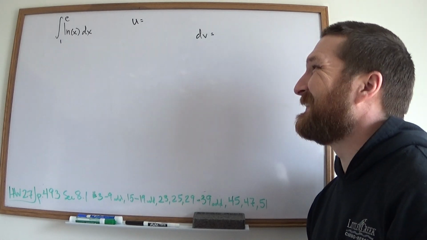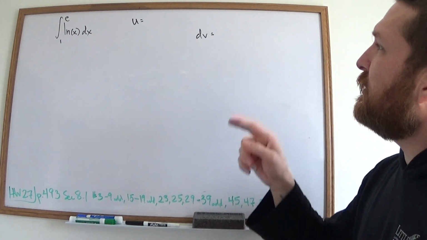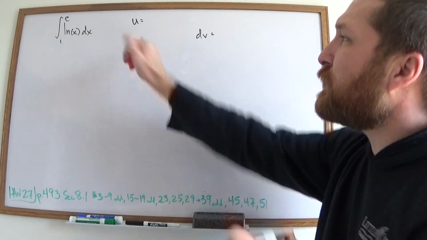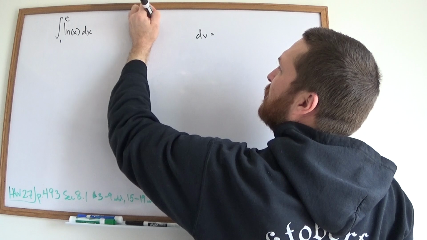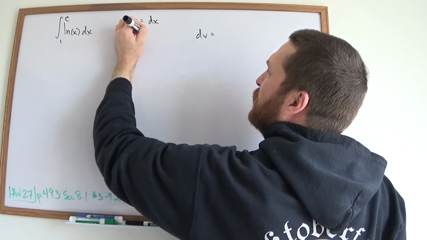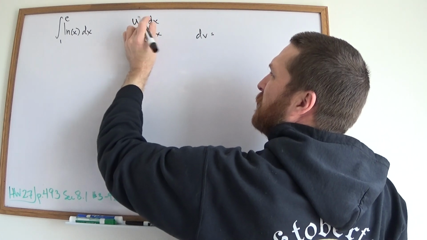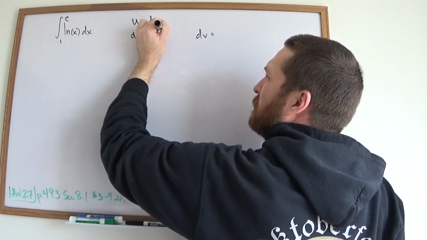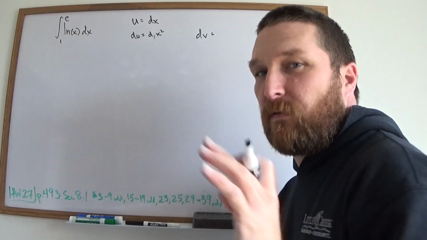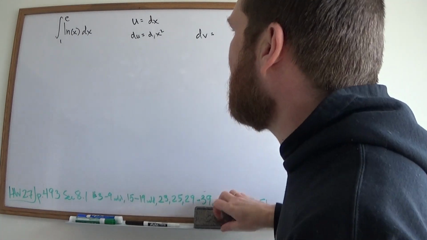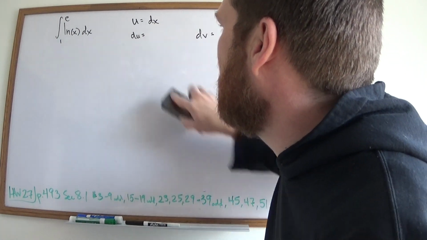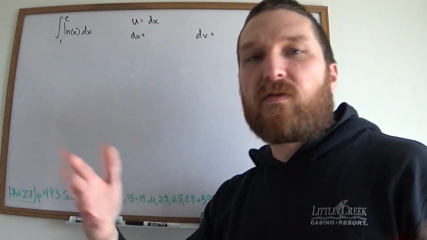So, we can't, if we tried this, if you say, well, let's let u equal dx, then du would be, d squared x? Or I think it's dx squared. I mean, don't worry about that. It would just be the second derivative of that, which, then how are you going to deal with that?